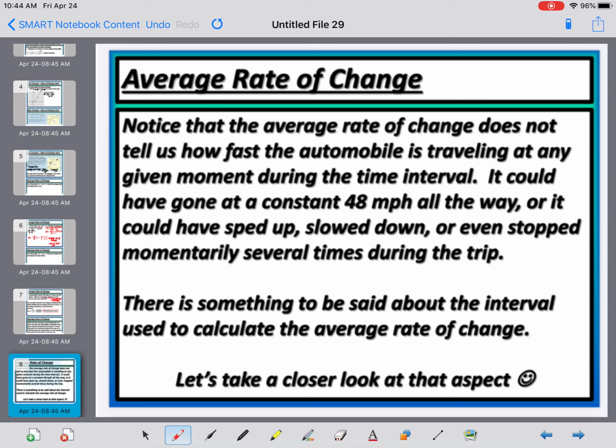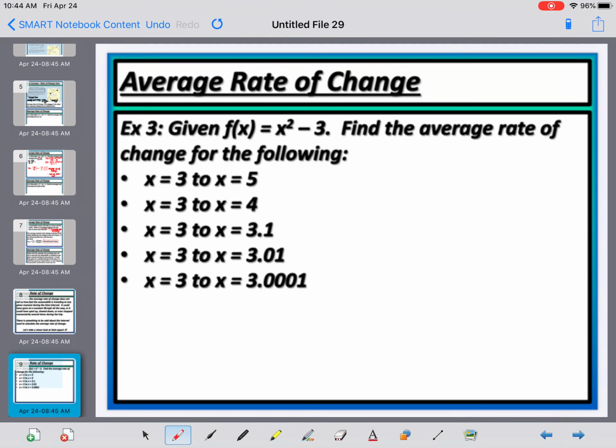So there really is something to be said about the length of the interval that's being used to calculate the average rate of change. We really want to inspect the size of the interval, how much time is elapsing, and see what happens when I elongate or shorten that period of time over which I'm looking for my average rate of change.